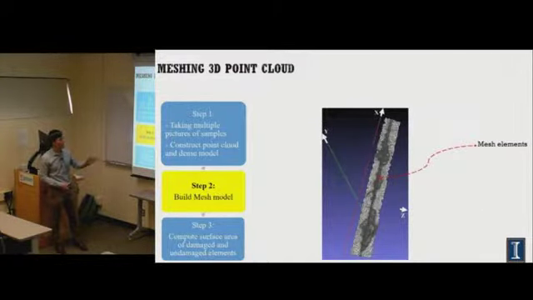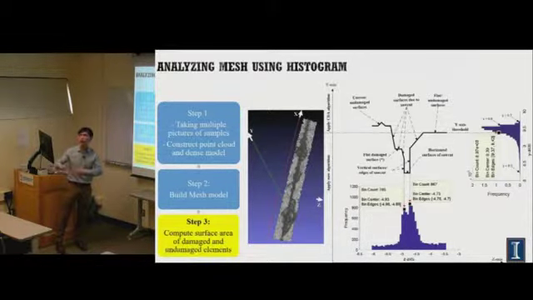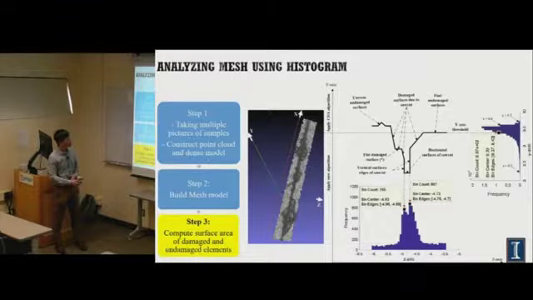So based on the mesh of each cut segment, I'm going to analyze the mesh to see what area is going to be included to show the damage. As you can see in the schematic here, I make a histogram of the z-axis, which is this direction across the mesh, and the y-axis is the axis perpendicular to the surface.